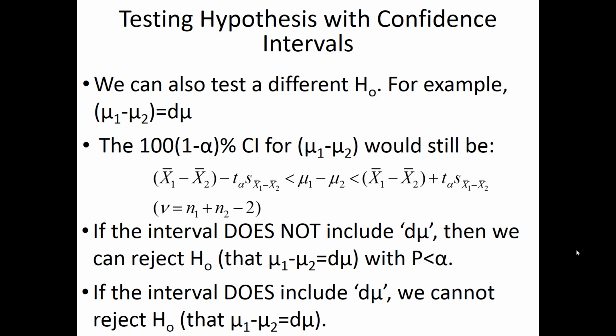The 100 times (1 minus alpha) percent confidence interval for the difference in the means is still defined as before. However, if the interval does not include d mu, then we can reject the hypothesis that the difference in the means is equal to d mu with p less than alpha. If the interval does include d mu, however, then we cannot reject the null hypothesis that the difference in the means is equal to d mu.